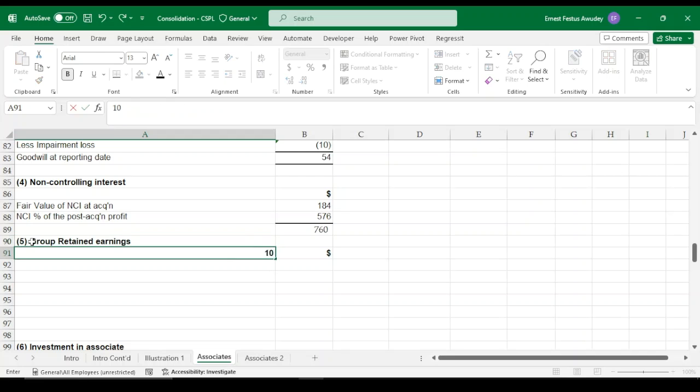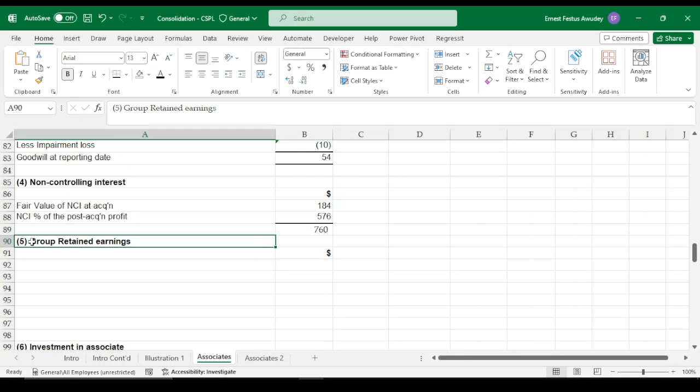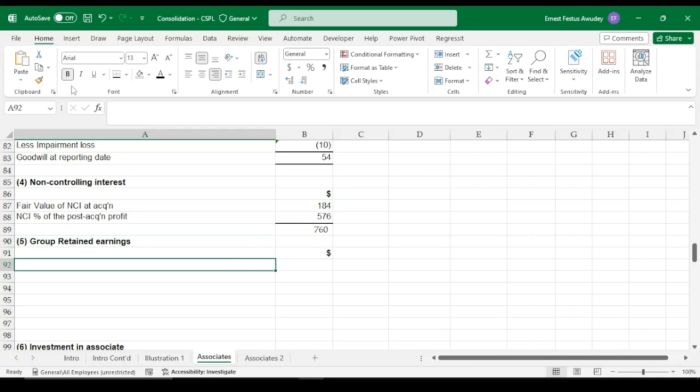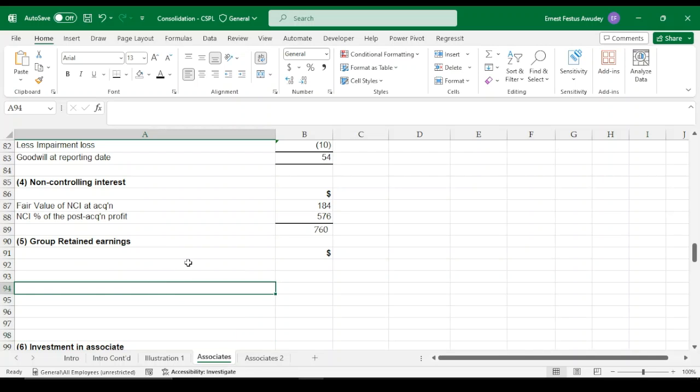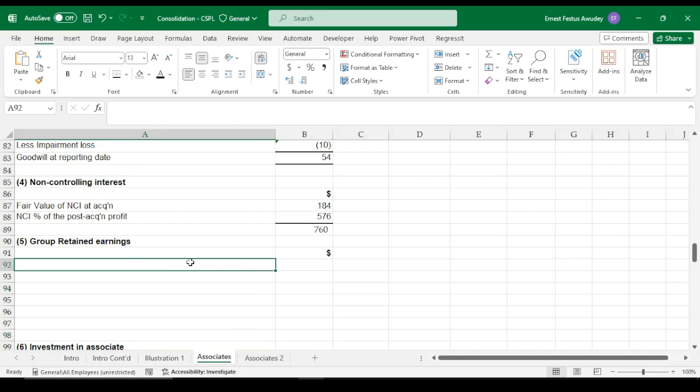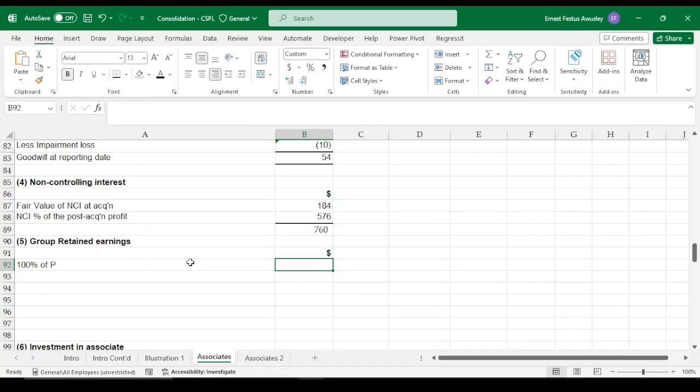And as we previously know, we start off with 100% of P's retained earnings, and from the question it is 4,000.